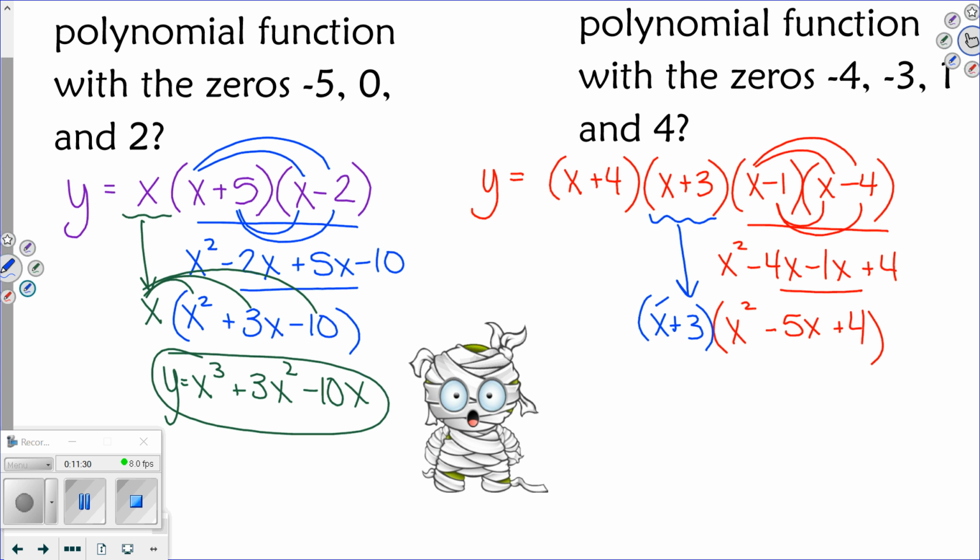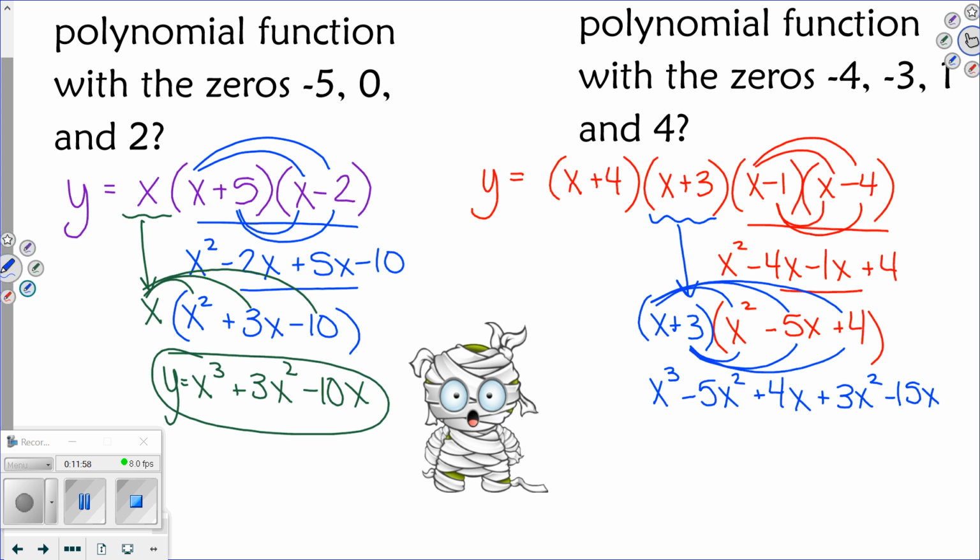All right, so let's try this one. So x times x squared, x times negative 5x, x times 4, positive 4x. Distribute the 3, so we get 3x squared minus 15x plus 12.